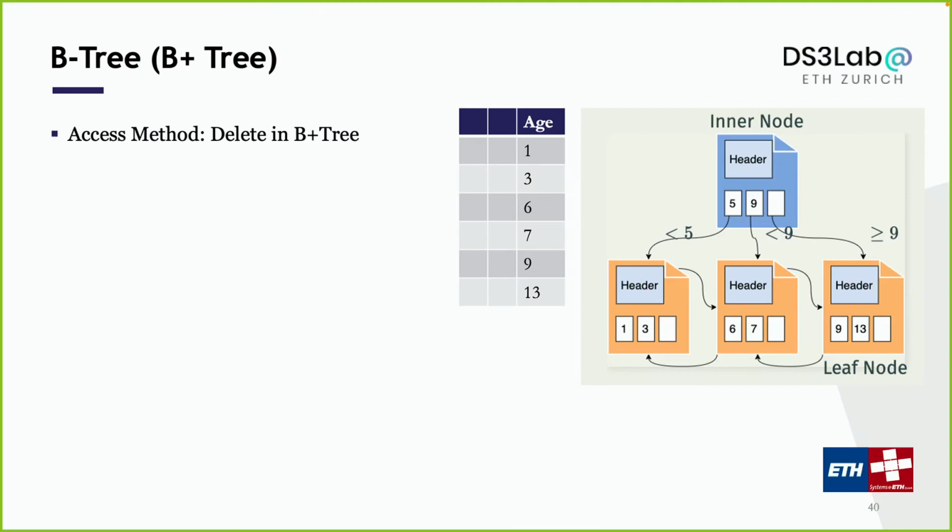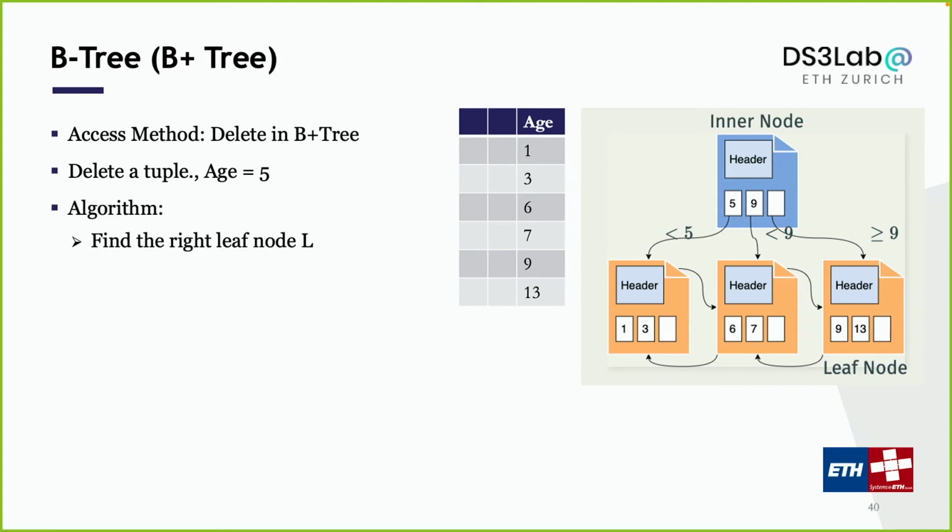So another access method you can do is you can do deletion in the B-plus tree, right? So essentially, the thing you need to do is delete a tuple. What would you do? You first find the right leaf node containing the tuple that you want to delete, and you remove it. So the only thing I need to be careful about is we want our B-plus tree to be balanced. Okay?